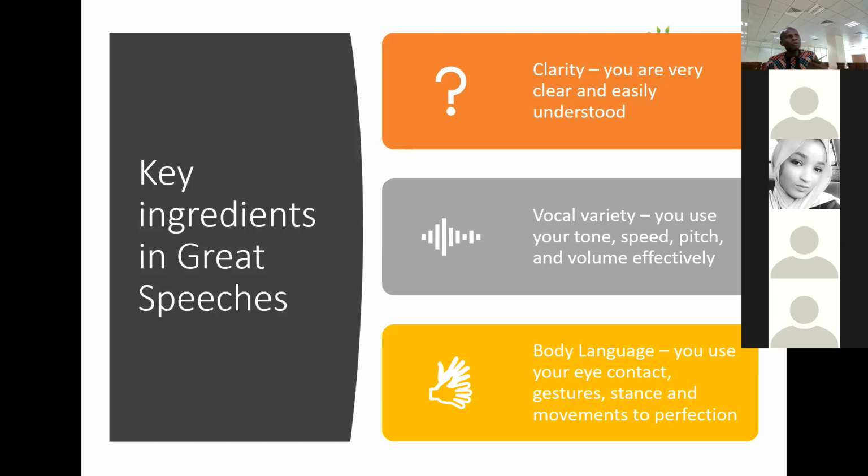Because there are some people, even when they are using a microphone, they talk as if their audience is sitting 2 kilometers away from them. And so their voice becomes noise. Don't let that happen to you. When you are speaking, your volume must just be right. Speak for the last person in the hall to hear what you're saying.